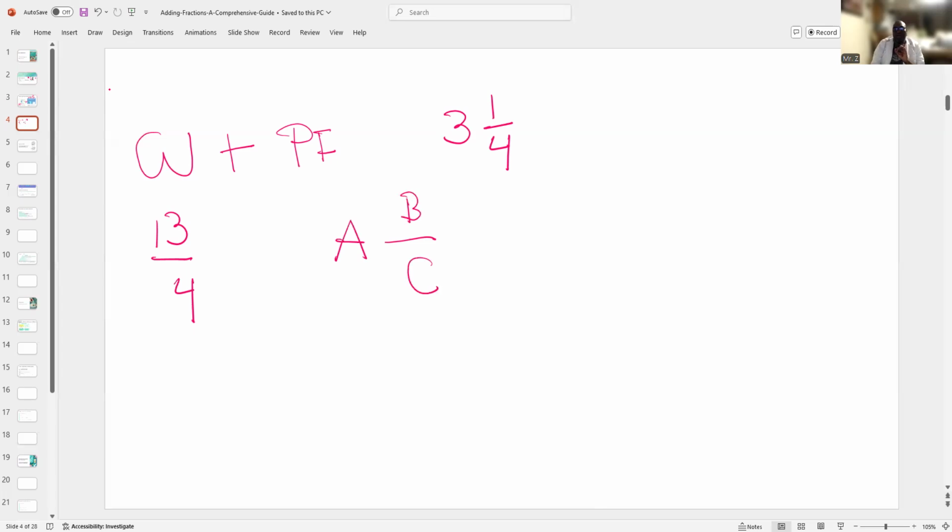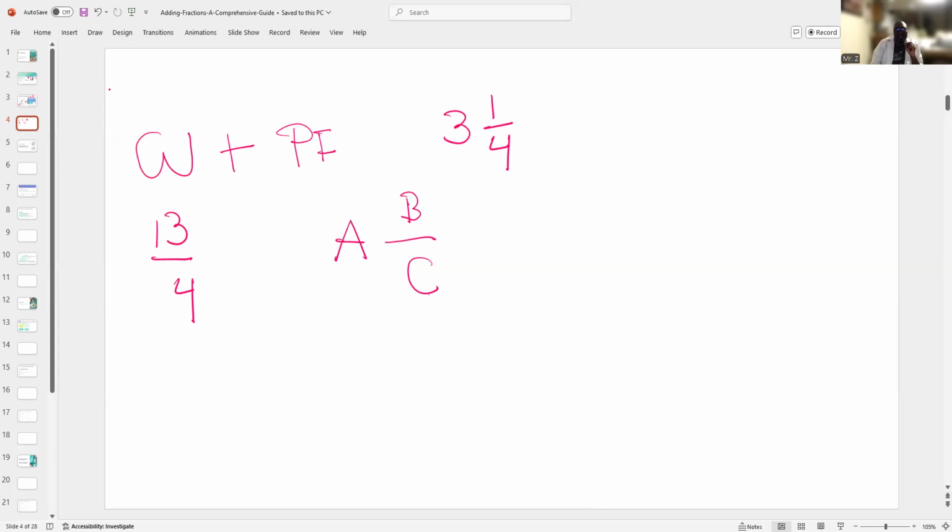A, which is a whole number, B over C. C right there, that is the denominator. A is the answer for your division that we call a quotient. B is the remainder. So you can get a mixed number only from an improper fraction. So let's divide the 13 by 4.